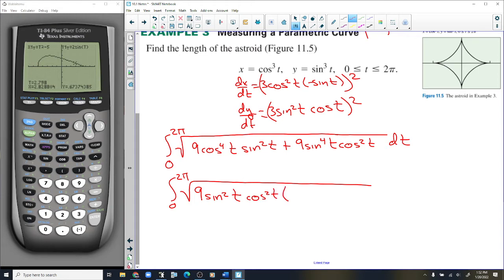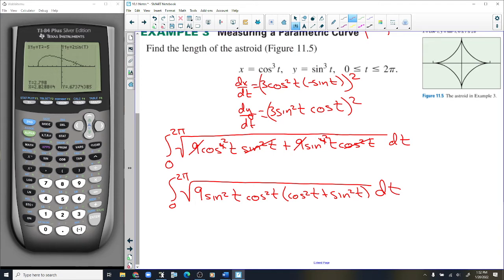Now what's left is, if I get rid of the 9, get rid of the sine squared, and get rid of 2 of these, and 2 are left, this is cosine squared. 9's gone. I factored out the cosine squared, factored out a sine squared, but there's a sine squared left. All right, you see what I see?